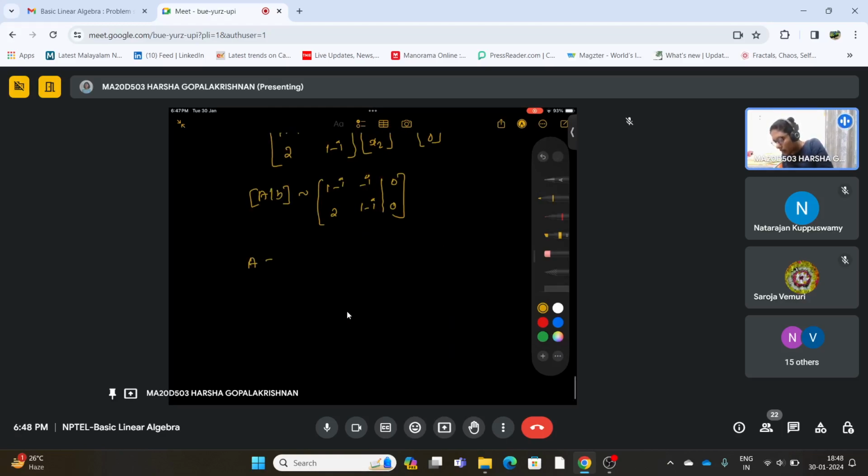So our A is this, and we will find the row echelon form of this matrix A. For that, first we can keep the first row itself. We don't need to change it.